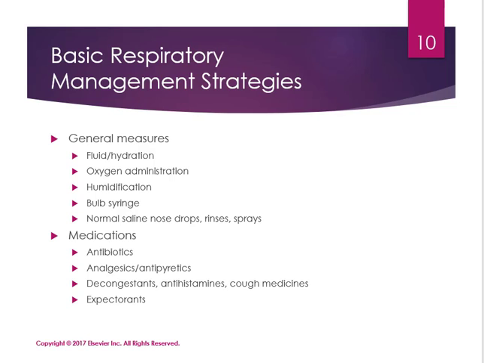We know that fluid and hydration are very important, making sure that they're receiving good oxygenation and humidification. If it's a little one and they have congested nasal passages, use a bulb syringe, and also normal saline nose drops, rinses, sprays, etc. Other medications that may be brought in would be antibiotics, analgesics, antipyretics, decongestants, antihistamines, cough medicines, and expectorants.